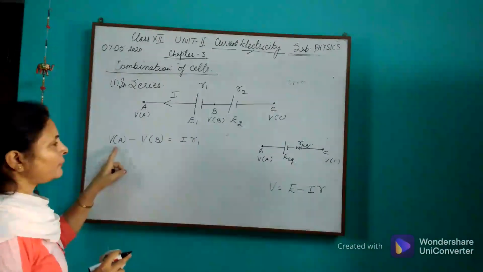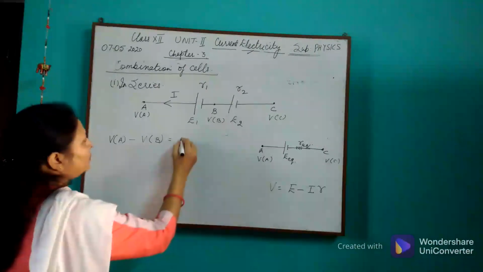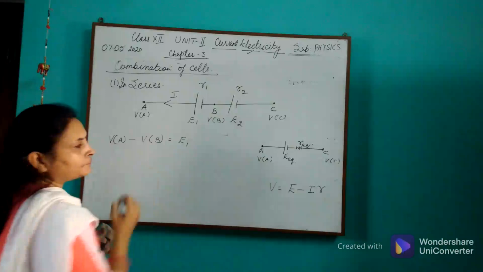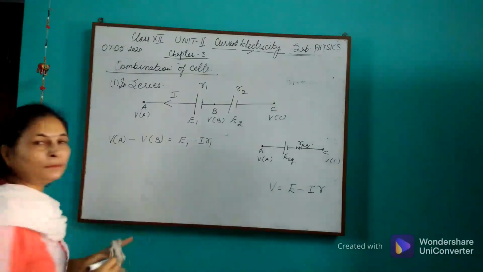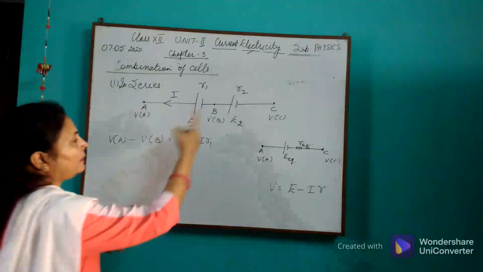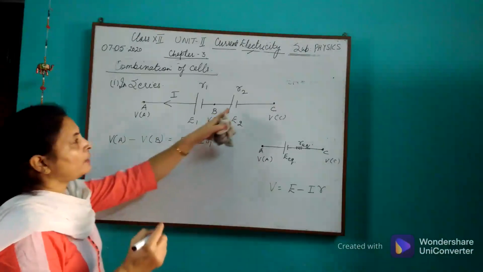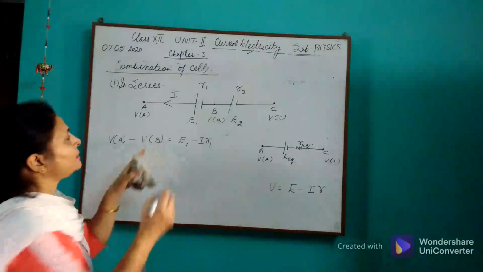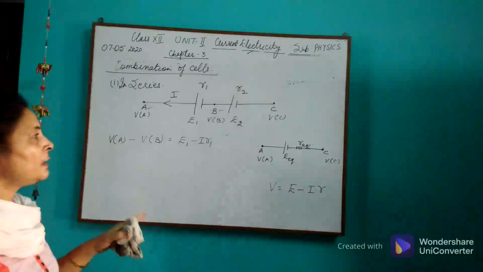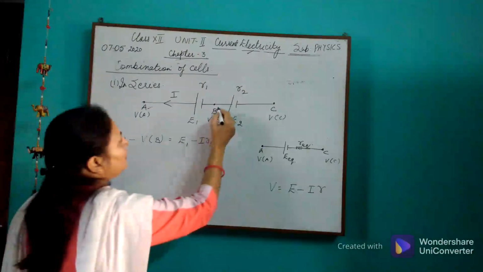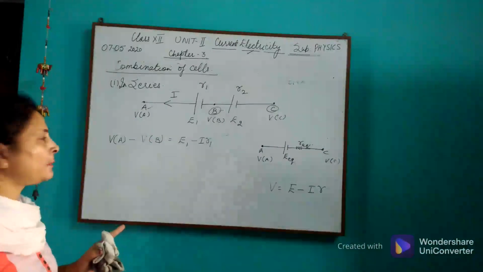So the potential difference will be equal to E1 minus Ir1. That is for VA minus VB, between this point and this point. The second is between point B and point C, the separate potential difference.